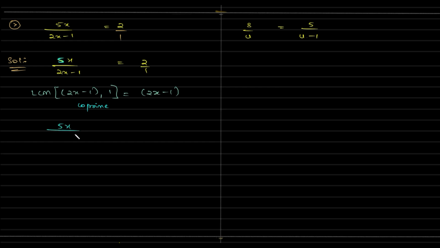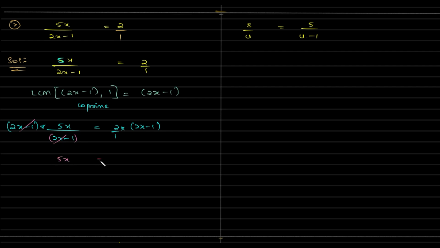So 2x by 2x minus 1 is equal to 2 by 1 into 2x minus 1, and 2x minus 1. So what happens? Cancel and we are done.